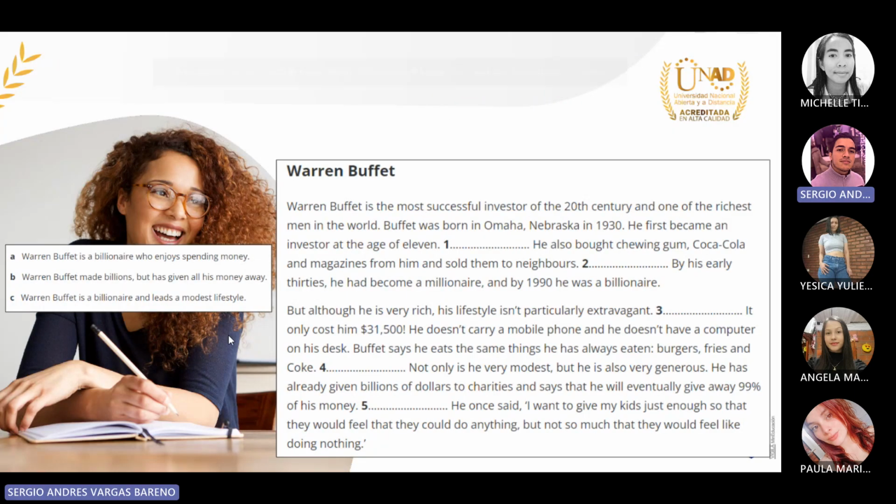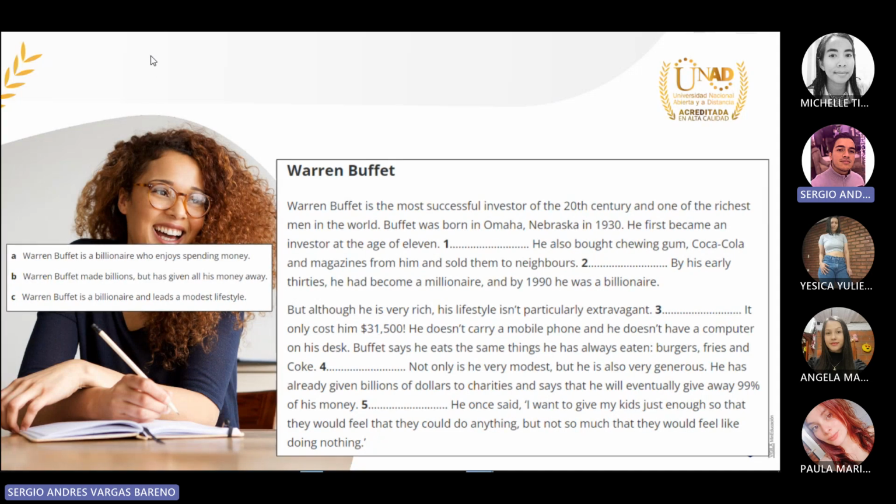So we have to read these two paragraphs, and taking into account that information, you have to tell me which of these three different statements is correct, right? Which of these three is the right statement, the right answer? So who wants to read? I need two persons, one for the first paragraph and one for the second.